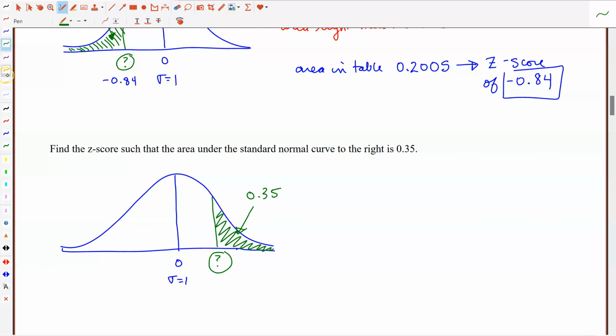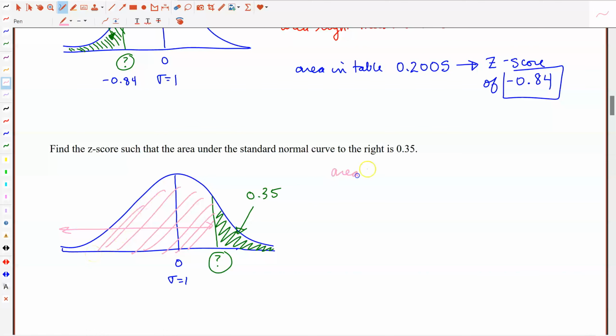Now remember that the table only gives us the area to the left. So if I know that this area to the right of this desired value is 0.35, then what would be this area to the left? Okay, how much area is that?